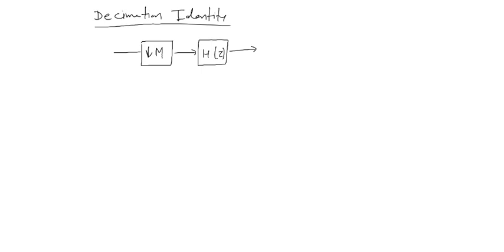So when you pass a signal x of n, which you want to downsample or decimate, this will be your y of n.